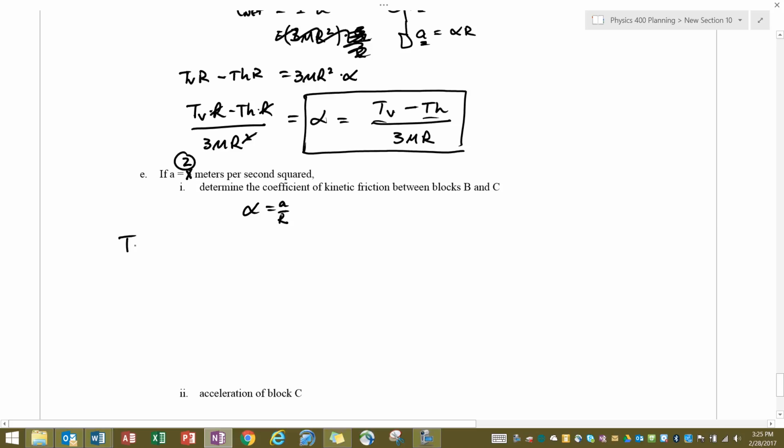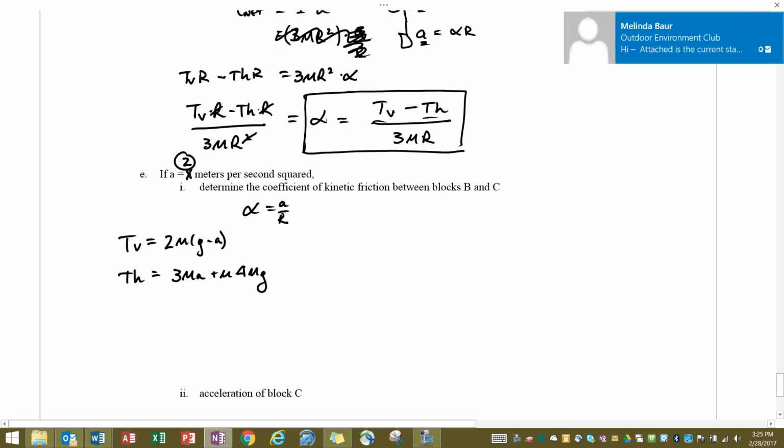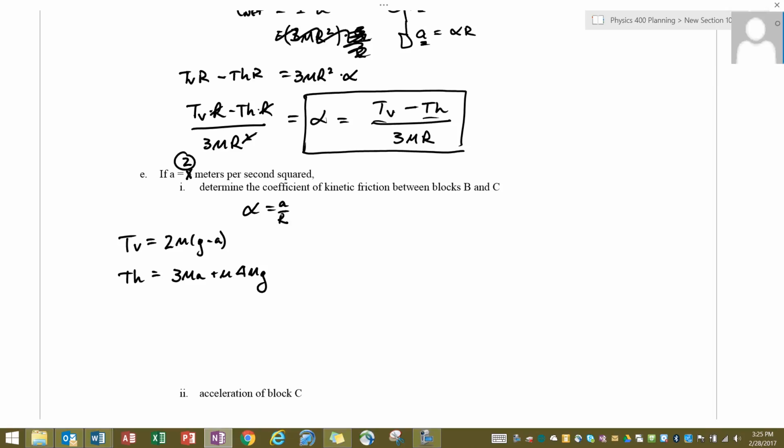So TV is equal to 2M times G minus A. TH is 3MA plus mu times 4mg. And then alpha is up there, this expression here.